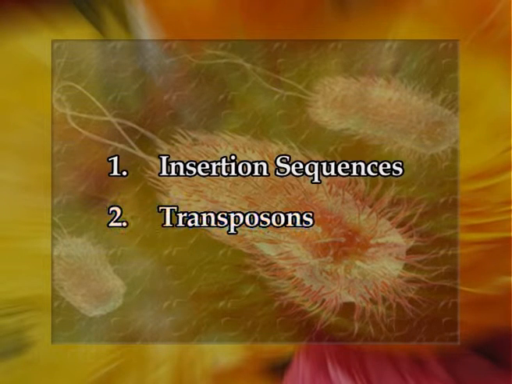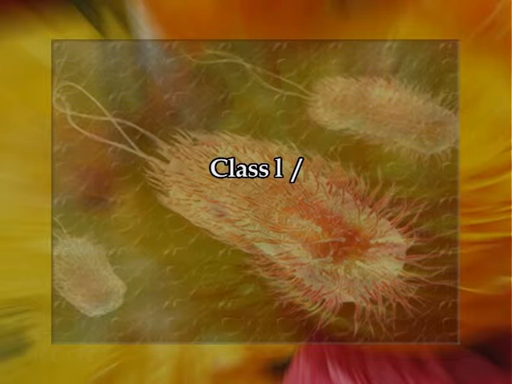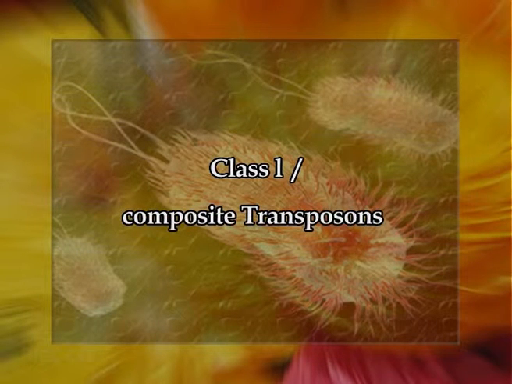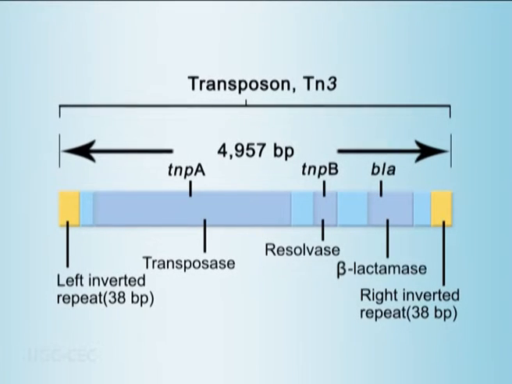Number 2, transposons. In general, there are 2 other general classes of transposons. Class 1, also known as composite transposons, are basically the pair of insertion sequence elements flanking a segment of DNA, usually containing 1 or more genes, often coding for antibiotic resistance.